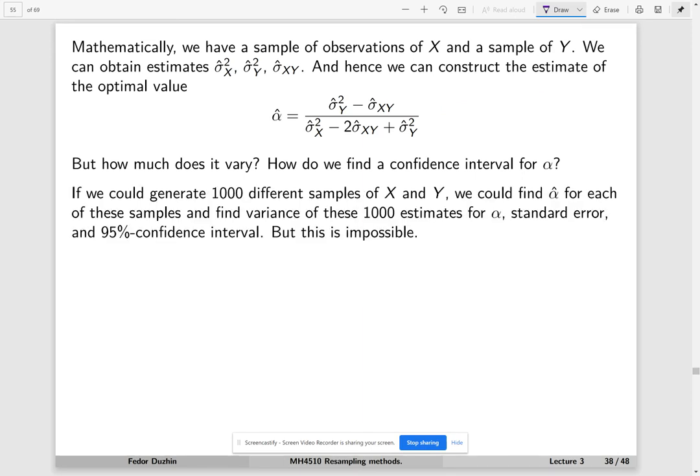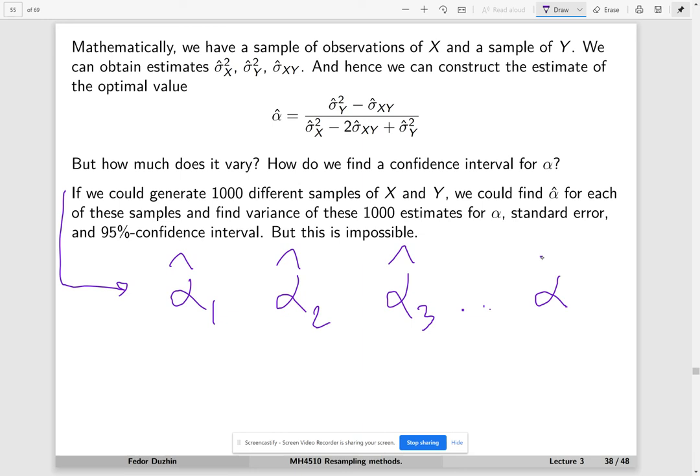If we could generate a lot of different samples of X and Y, we could find the estimated alpha hat for each of these samples: alpha hat for the first sample, alpha hat for the second sample, alpha hat for the third sample, and so on.